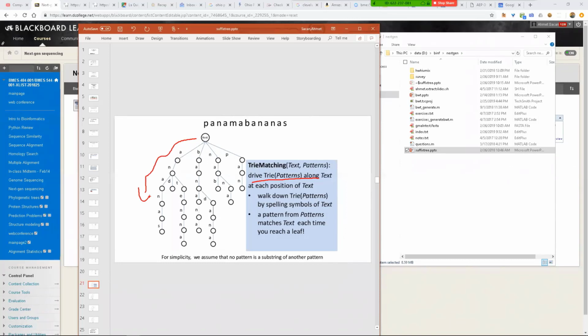If we end up at a leaf node, that means at the position that we searched in the genome, there was a hit for this pattern. If we get stuck, that would mean none of the patterns start at that position. We're going to move on to the next position of the genome.